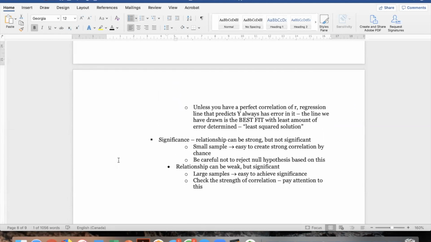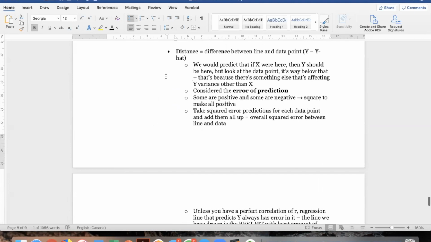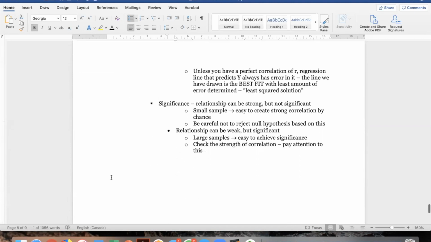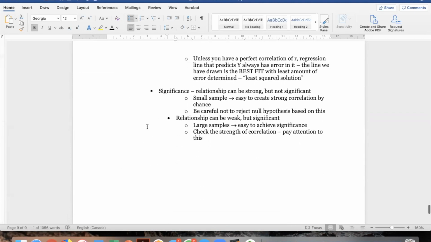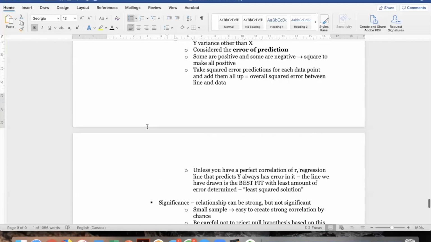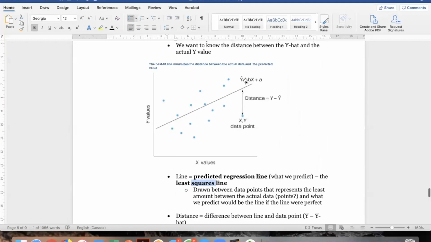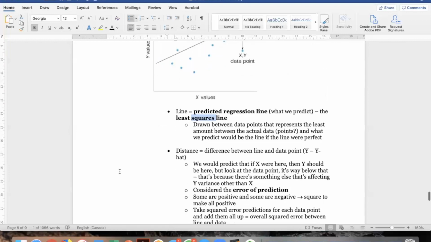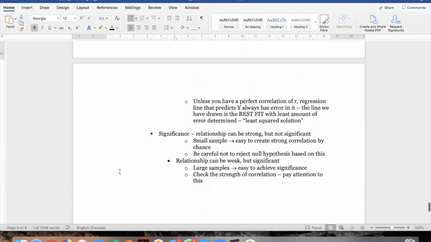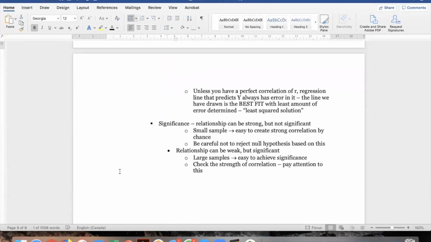So significance. What we were talking about here is the strength of the relationship. The relationship can be strong, but not necessarily significant. And that happens when, let's say this is all your data, but literally this is your number of participants. Well, sure, it's showing something, and your R may be strong.